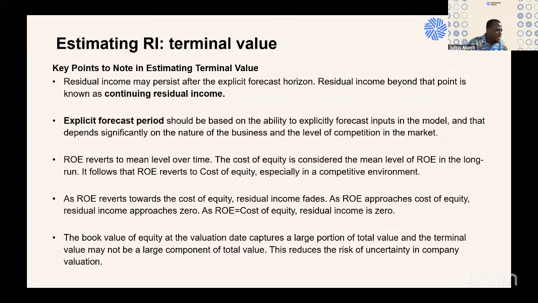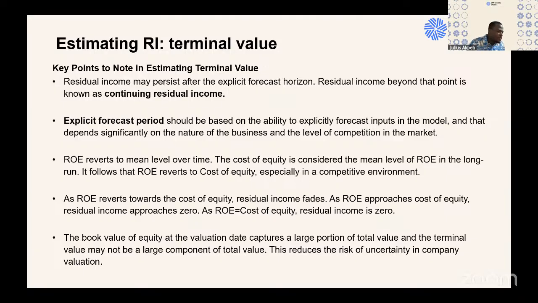The second scenario is that the residual income will stop right at the end of the explicit forecast period. In other words, beyond the explicit forecast period, the return on equity will be equal to cost of equity, and therefore the residual income will be 0.